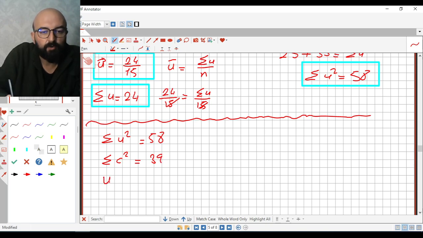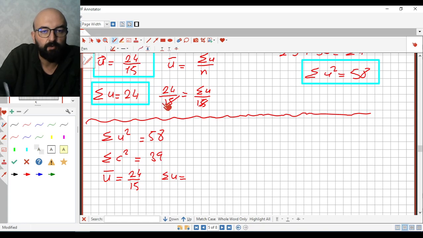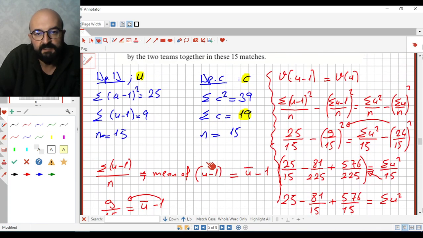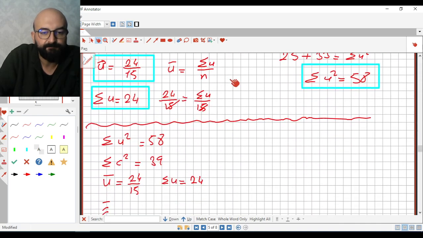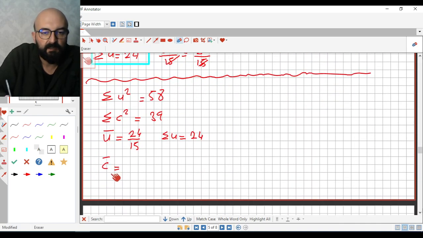And we found the mean of u here 24 over 15, and also the sum of u is 24, and the sum of c is 19. Okay, the sum of c is 19.